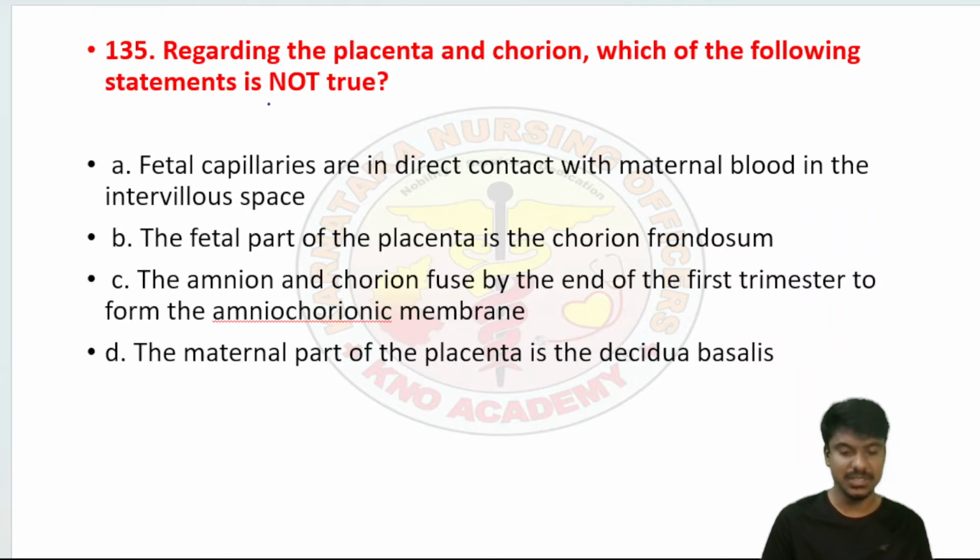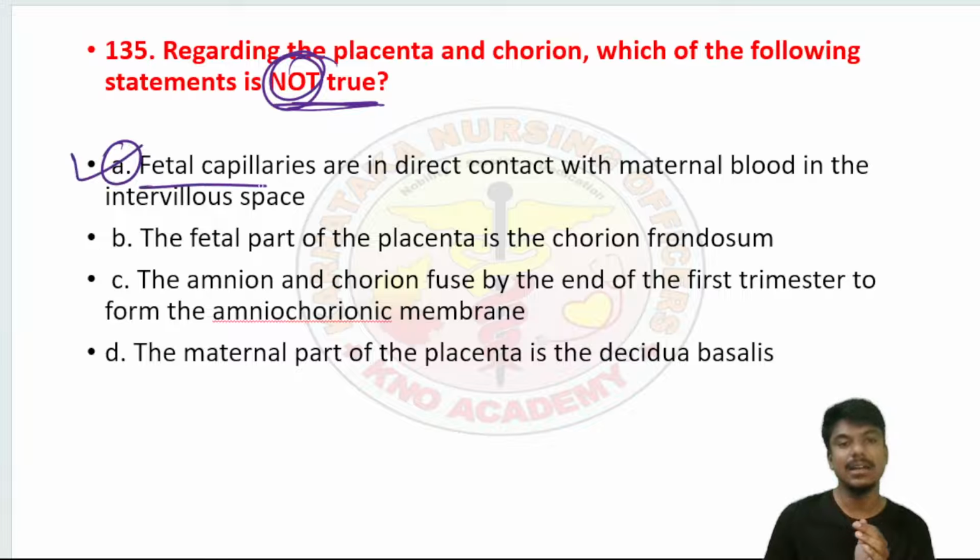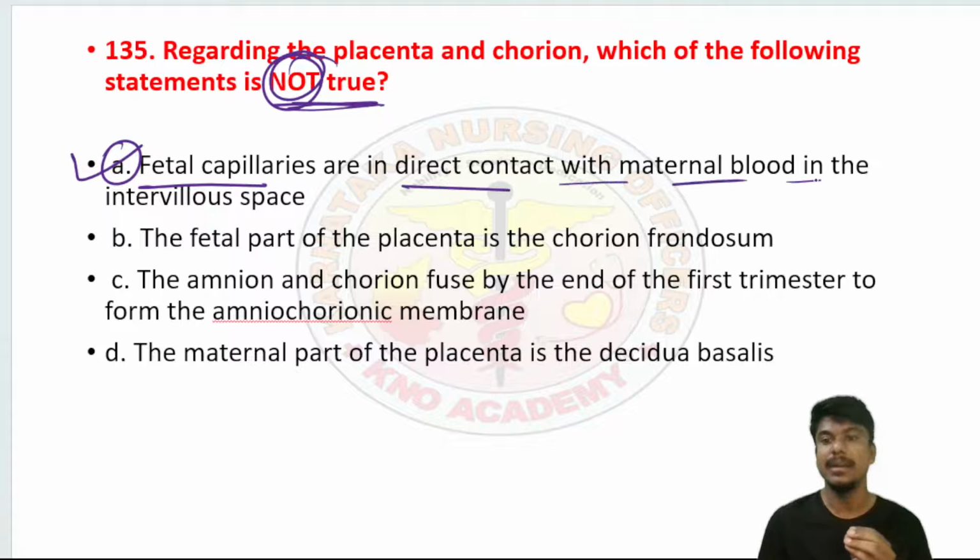Next question is regarding the placenta and chorion. Which of the following statements is not true? Here option A is the right answer. Fetal capillaries are in direct contact with the maternal blood? Never.